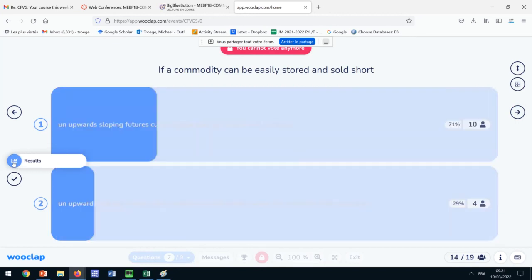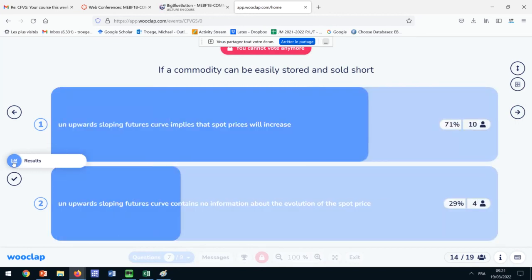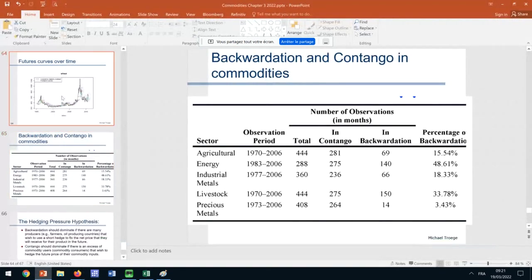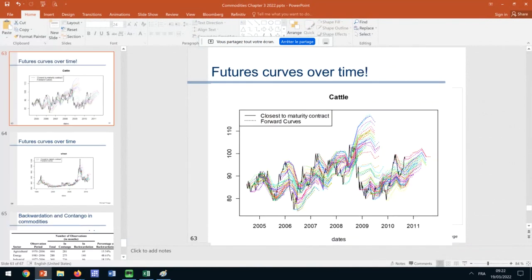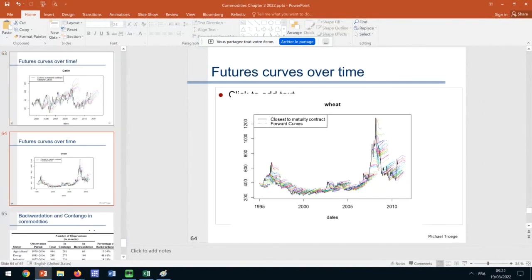Let's move on. Still have some questions. No, okay. The upward sloping curve contains no information. Okay, so that's what I tried to explain when we looked at these graphs here. For example, here the wheat is upward sloping.